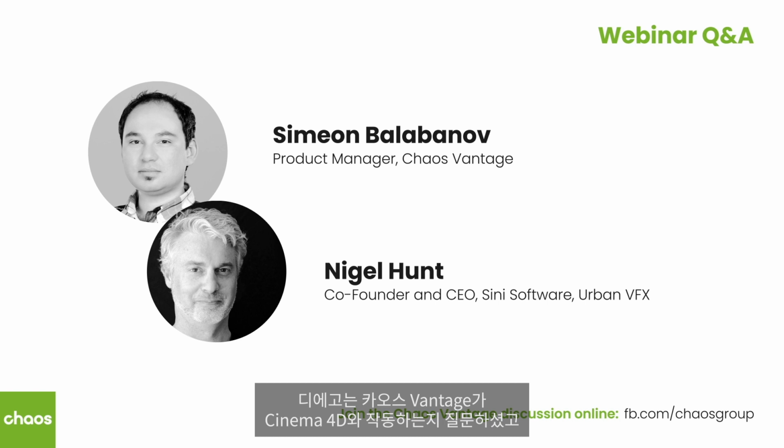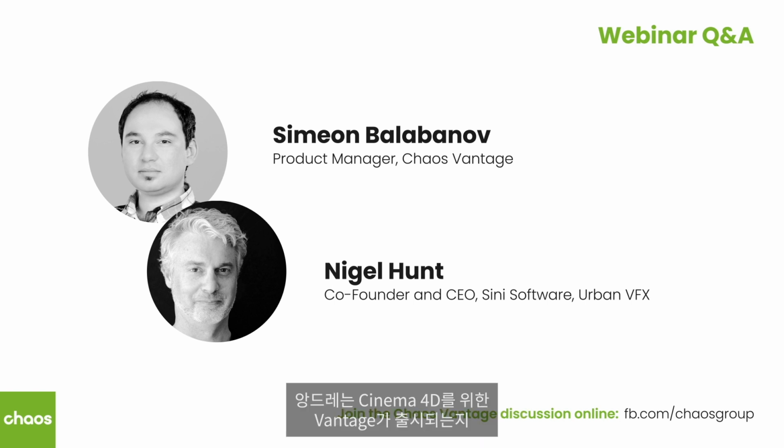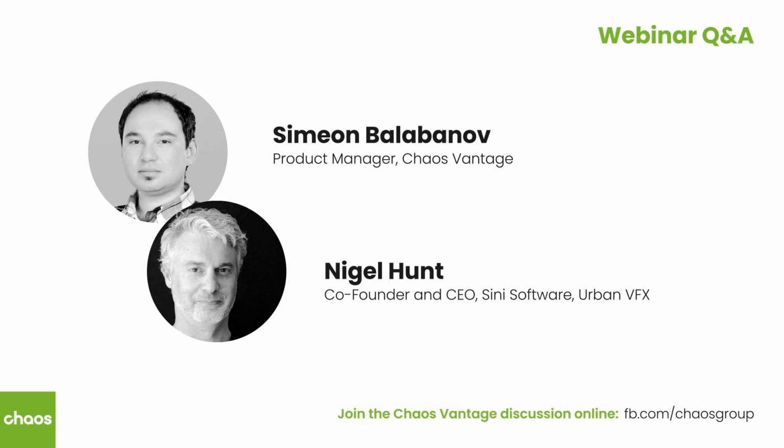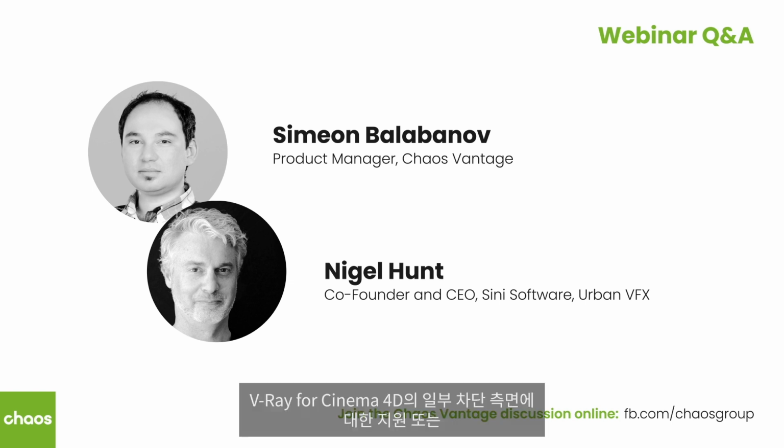Diogo asked when Chaos Vantage will work with Cinema 4D, and also Andre, will this be released for Cinema 4D? And also elaborate on Maya and Corona. All right, a lot of questions here. So we actually, a few updates ago, added support for some blocking aspects of V-Ray for Cinema 4D, or some things that were not supported in V-Ray for Cinema 4D.